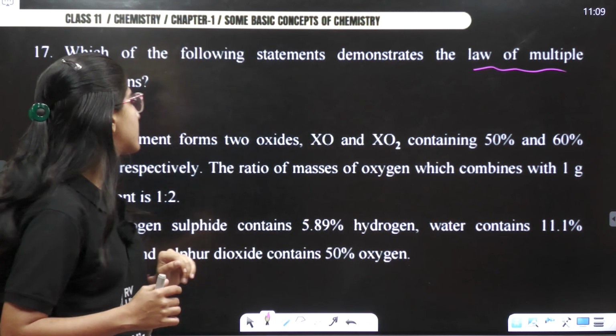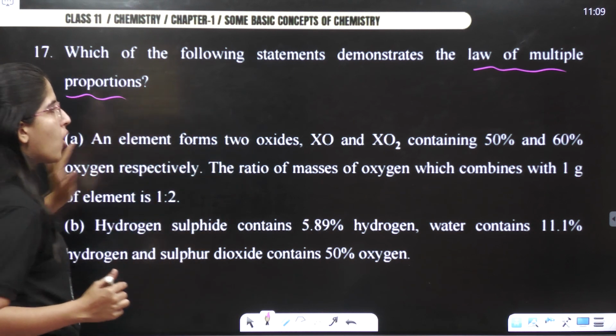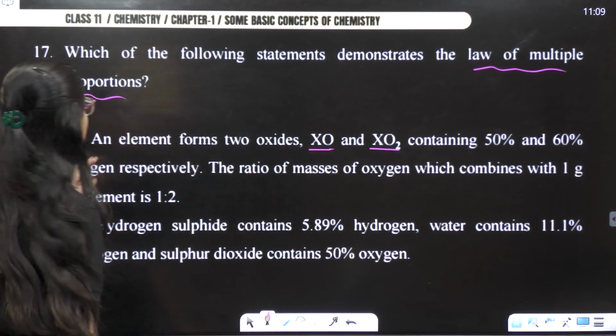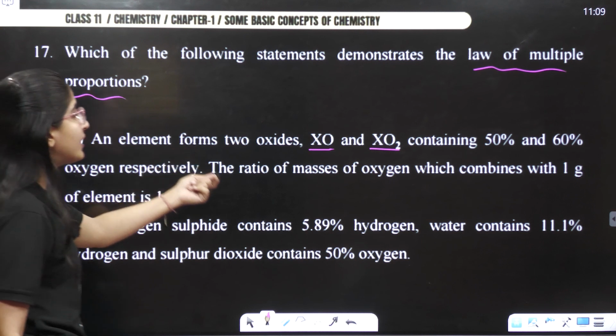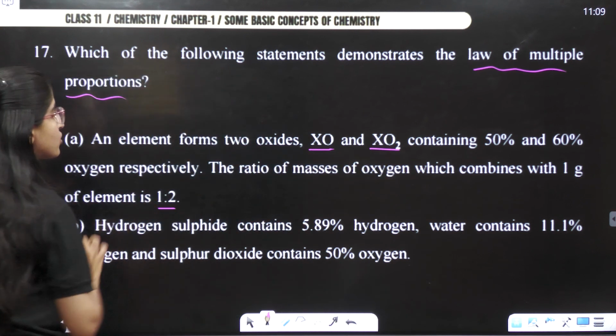Now come to the options here. An element forms two oxides, XO and XO2, containing 50 and 60% of oxygen respectively. The ratio of masses of oxygen which combines in 1 gram of element is 1:2.